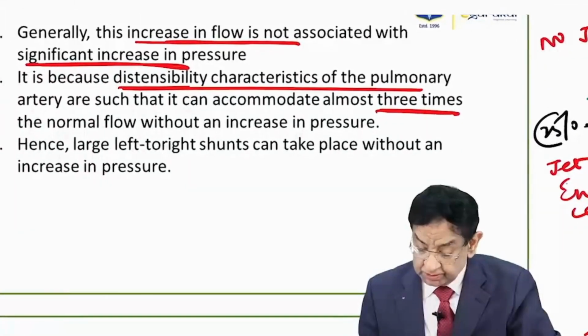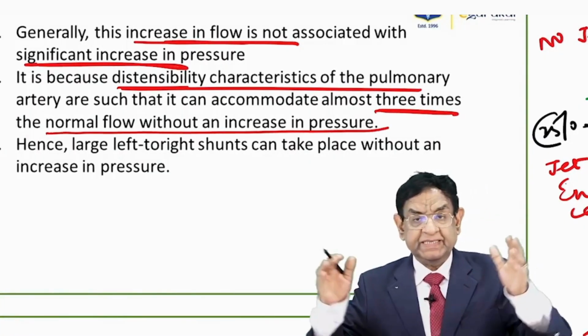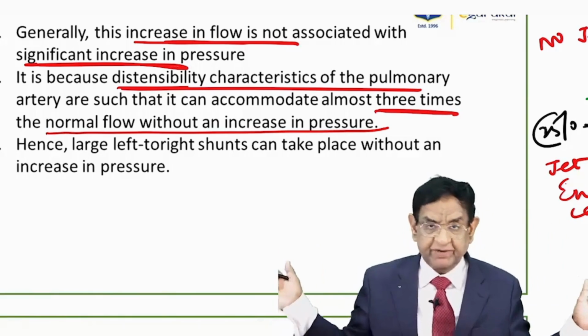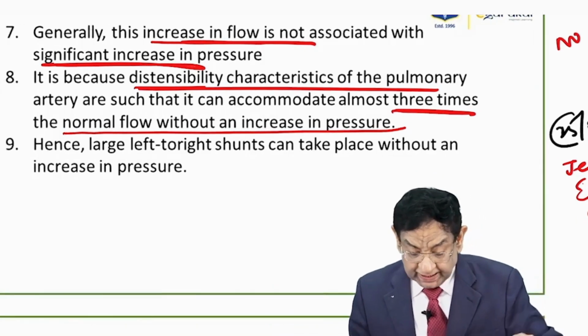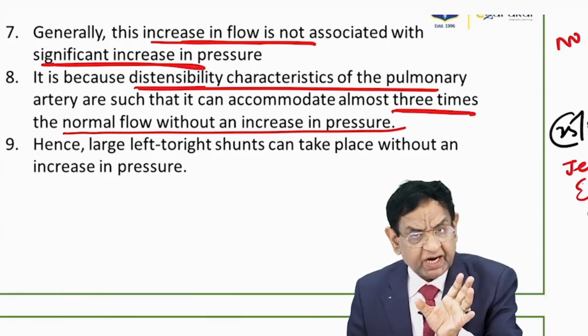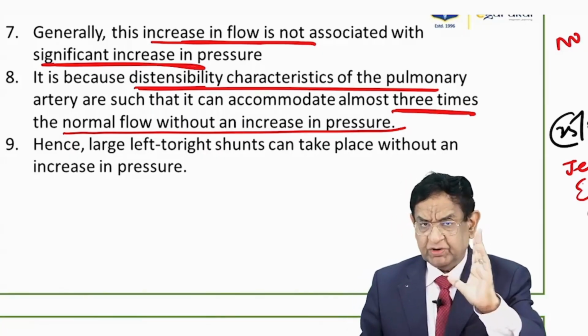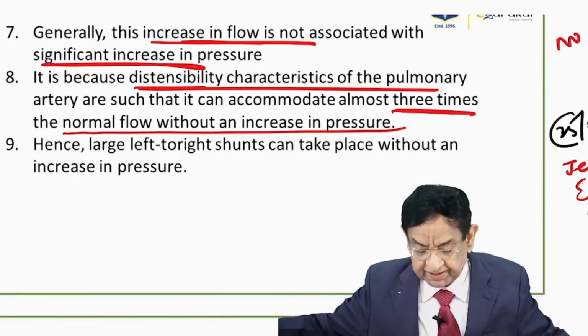So normal flow occurs without increase in pressure because it can distend. Even if the shunt is large, pressure will not increase because the pulmonary artery can expand.